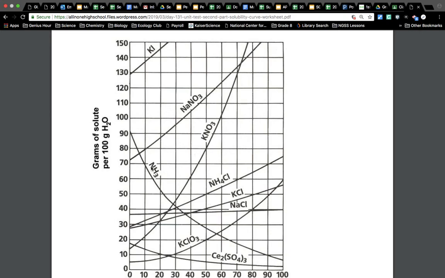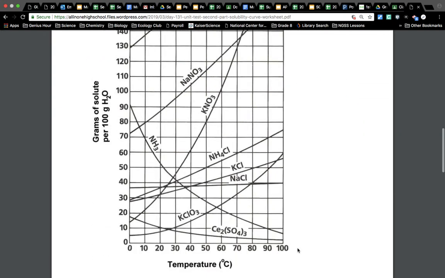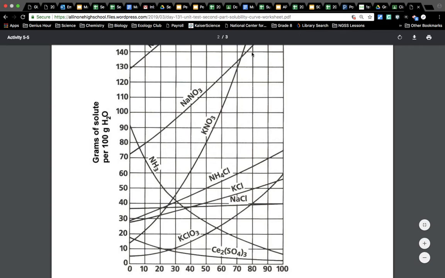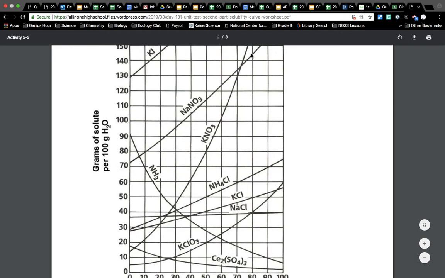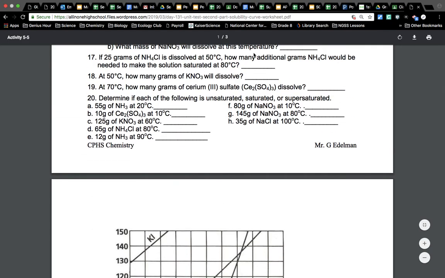Sodium nitrate, 10 degrees, 80 grams is right on the nose. That's saturated. 145 of sodium nitrate at 80. Sodium nitrate at 80 is way up here. That'll hold about 145 or so. Yeah, that one's saturated too.